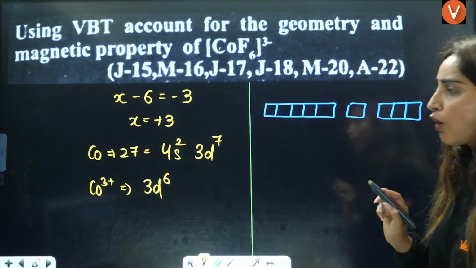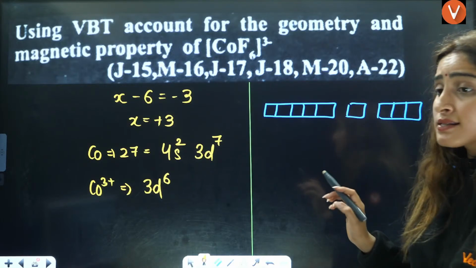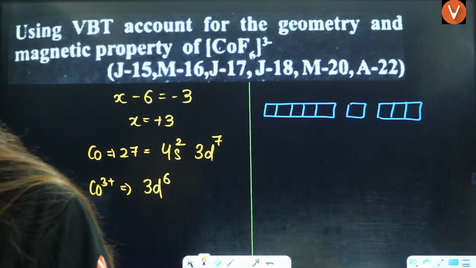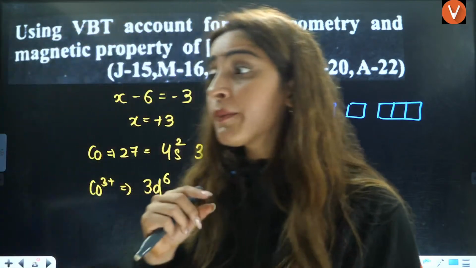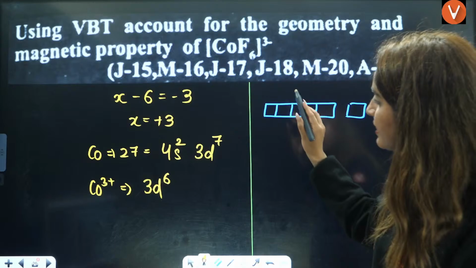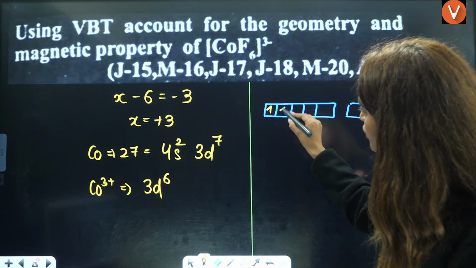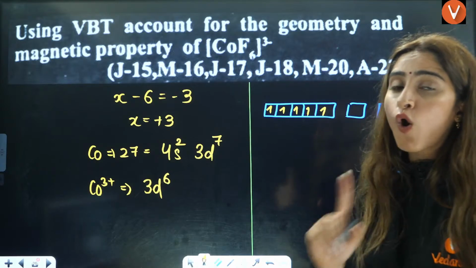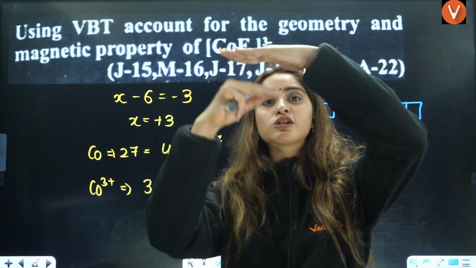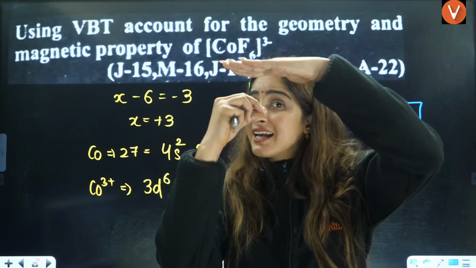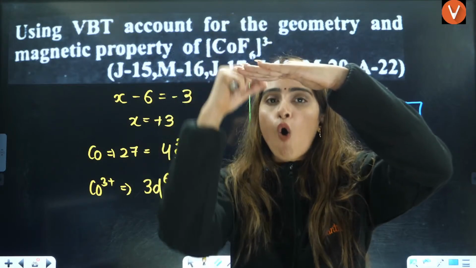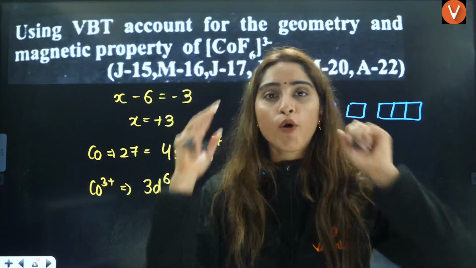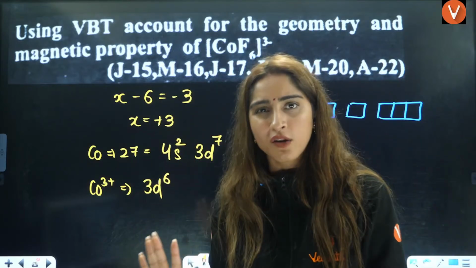Now, here what we are going to do. This is a weak field ligand or strong? This is a weak field ligand, right? Because it is a weak field ligand, that is going to be 1, 2, 3, 4, 5. It will not cause any pairing because weak field ligand means the splitting is very less. That means the electron does not want to jump to the next level.